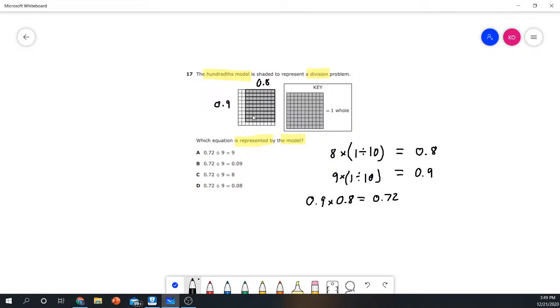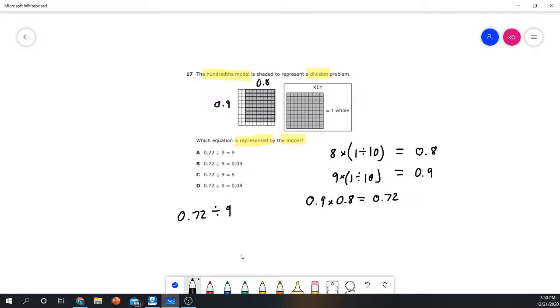So I'm not counting the number of black lines, I'm counting the little regions between the black lines. And we see that the black lines have divided the area 9 times. So 0.72 divided by 9.